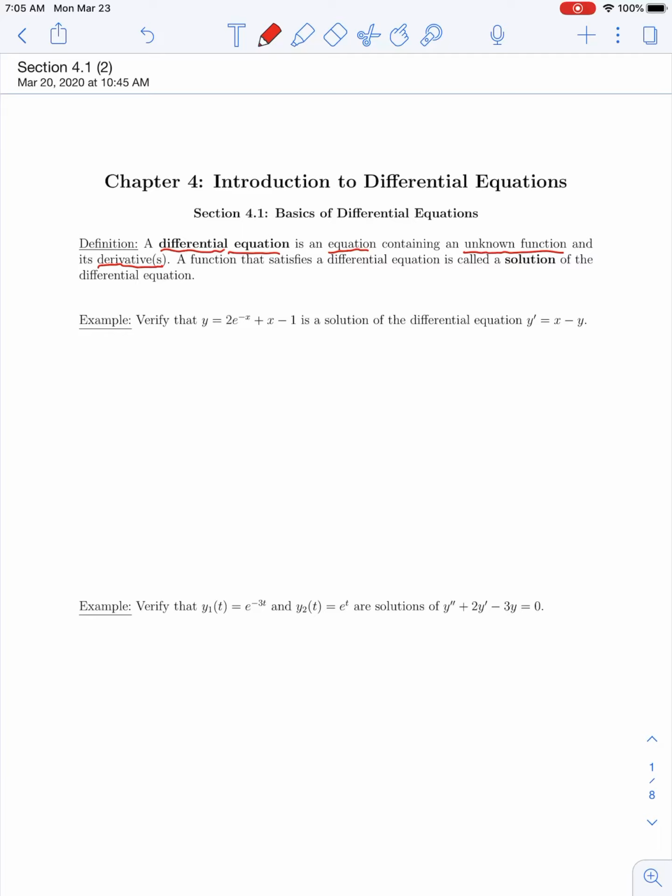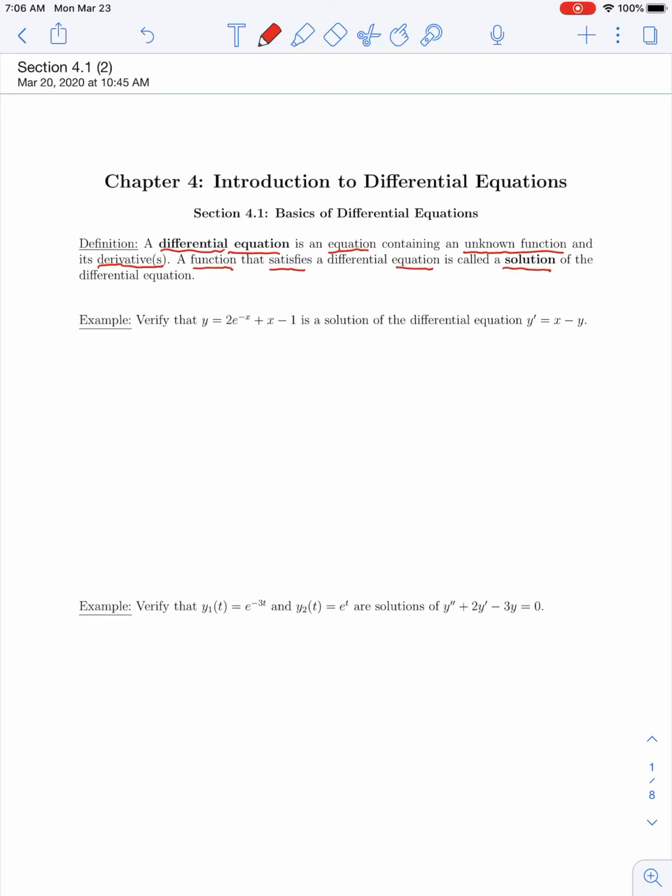And what we're trying to do for a differential equation is find the unknown function or functions which would satisfy that equation. So any function which would satisfy our equation is said to be a solution of that differential equation. So our solutions are always going to be functions.